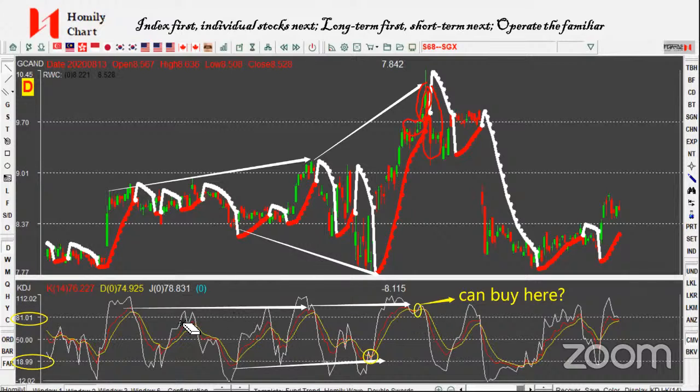But this indicator works the best in the volatile market. Actually, all the probability indicators work the best in volatile markets. Most of the probability indicators don't work that well in the unilateral market.